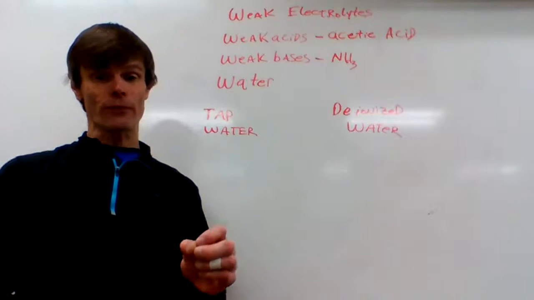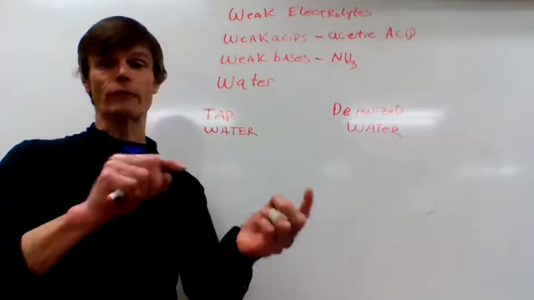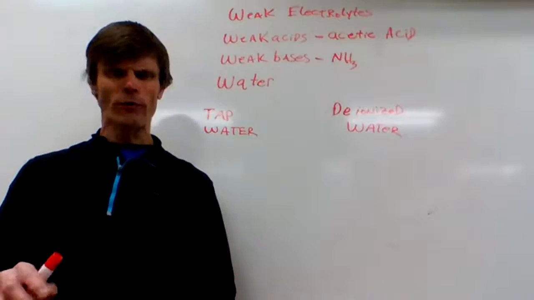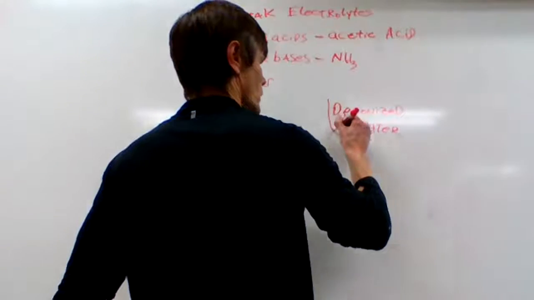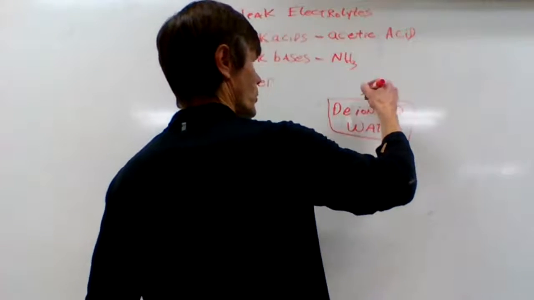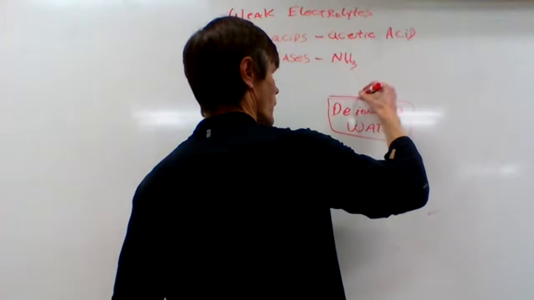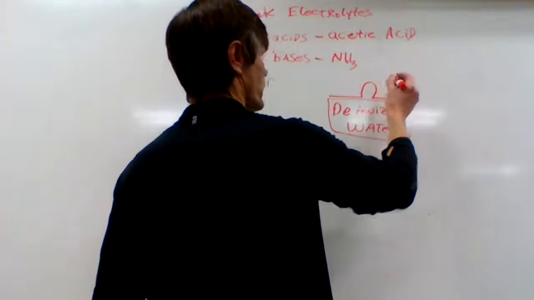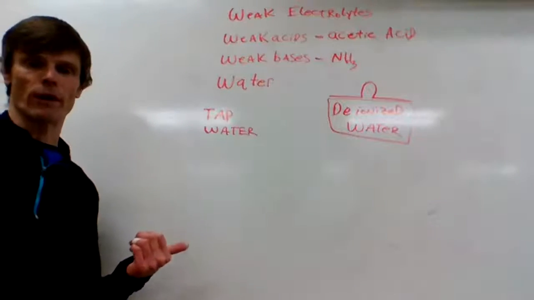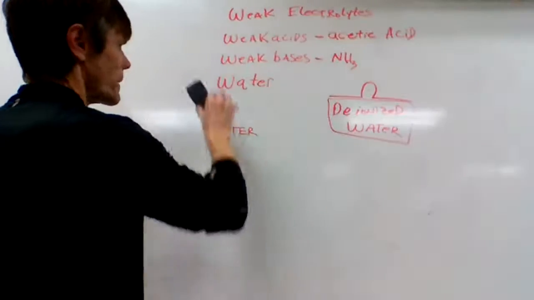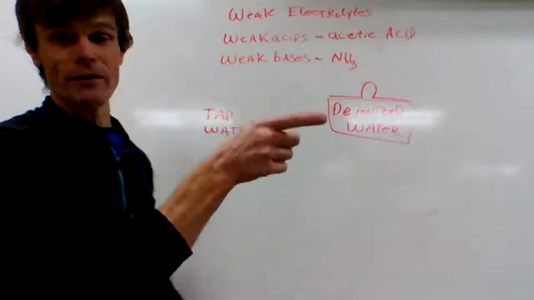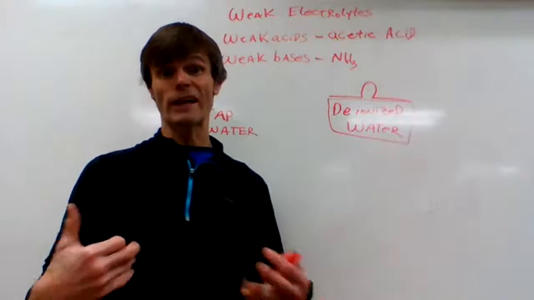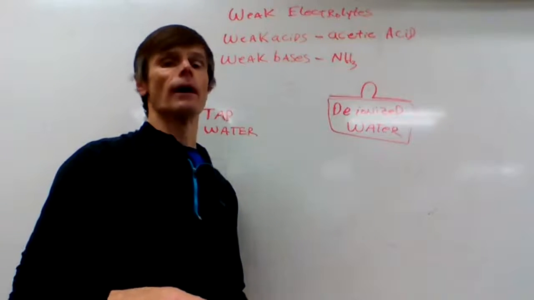What we have is we have filters, and we have a method of removing ions. Deionized water, if we put a little light bulb over it, man, we might get a flicker, if anything. How about tap water? Tap water comes right out of our sink. A lot of communities put sodium fluoride into tap water for your teeth.